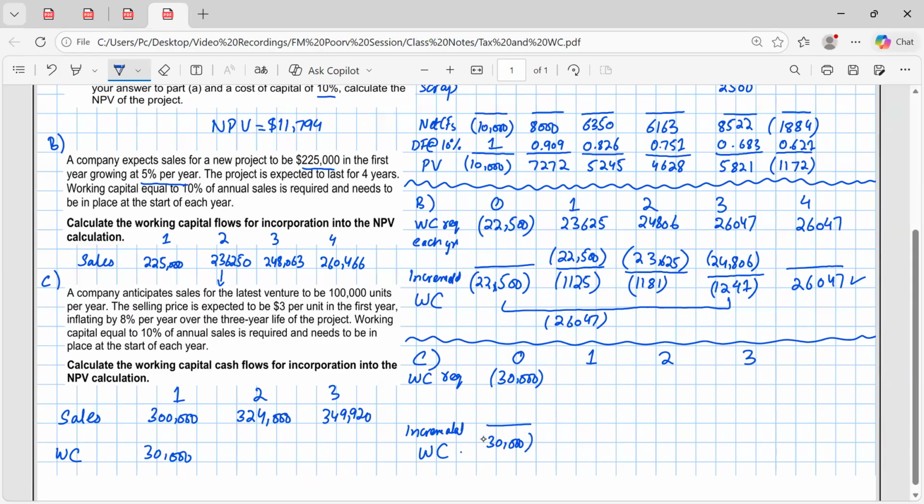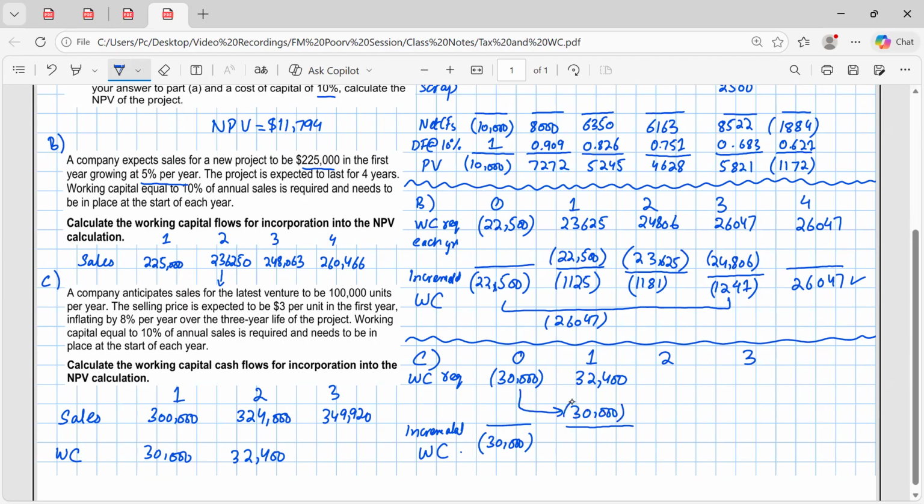So what will be the working capital requirement in year one? 32,400. How much will you recover in year one? We will recover the previous year's working capital of 30,000.